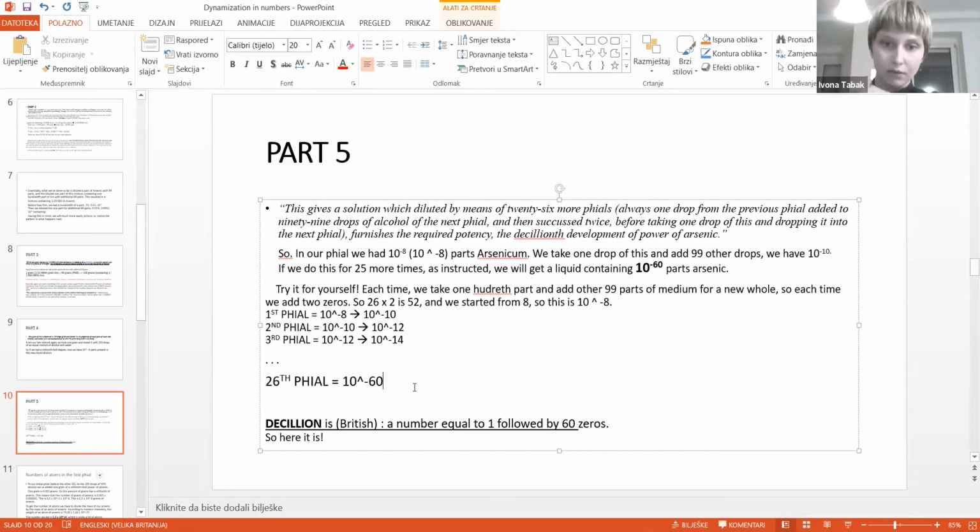If you do 26 times 2, you get 52. Plus 8, it's 60. So by the time we get to the 26th vial, how many parts of arsenic are present? That was the question Tikva asked me, basically, how we got to this. By the time we get to the 26th vial, it's 10 to the exponent -60.